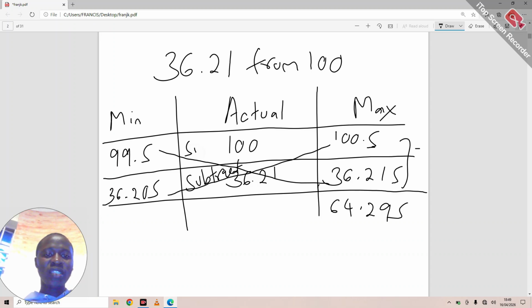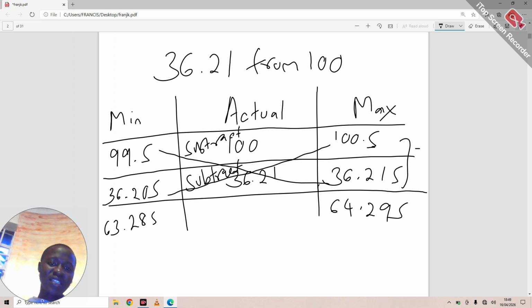Now, here we subtract, but make sure you arrange your work neatly. So, have 99.5 subtract 36.215. We shall have 63.285.